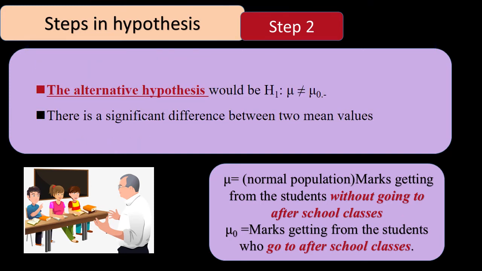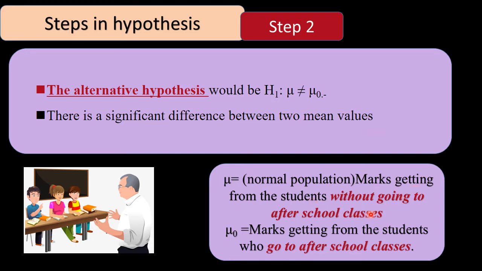Then the alternative hypothesis would be H1 or HA, mu not equal to mu naught. The meaning is there is a significant difference between two mean values.